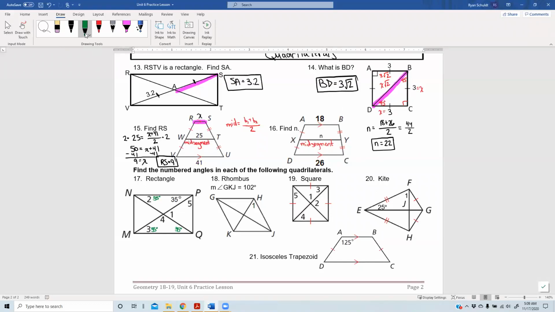Now I also know that around P, I've got a right angle here. So to get the other part of this angle, I know part of it's 35. I can do 90 minus 35. That gives me 55. So this angle is 55 degrees. This angle is 55 degrees. 55 degrees.